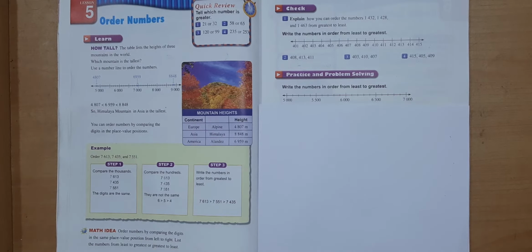This one, because we have 3 in the 10 spot. It is greater than 1,432, and it's greater than 1,428. So this is how we're going to order these three numbers from the greatest to the least.